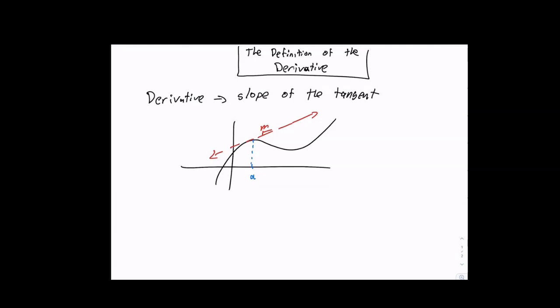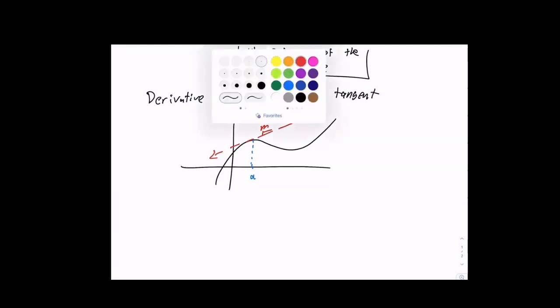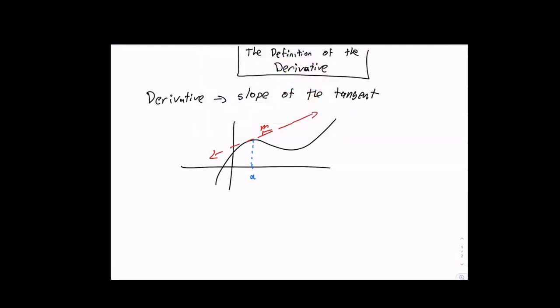And we also have another name for this. There's the name derivative, the slope of the tangent being one of them. We also call this the instantaneous rate of change, or IROC.